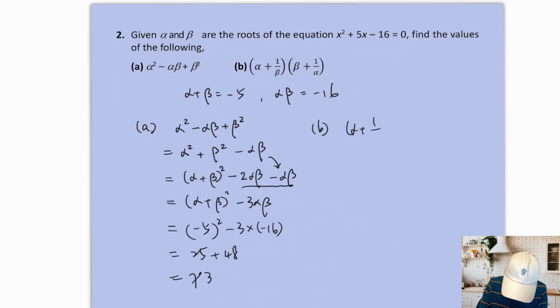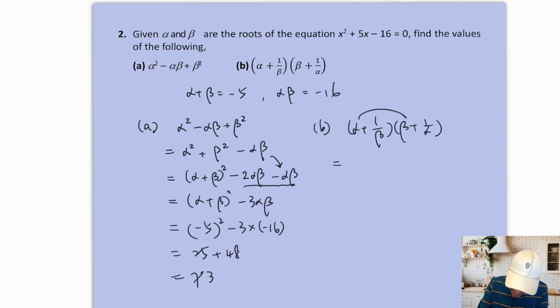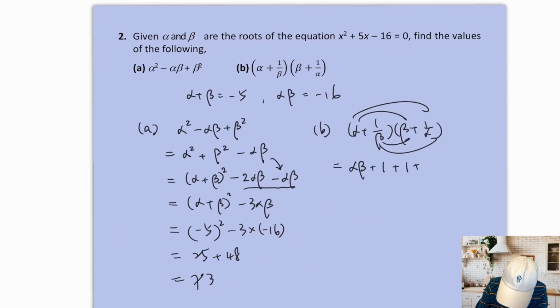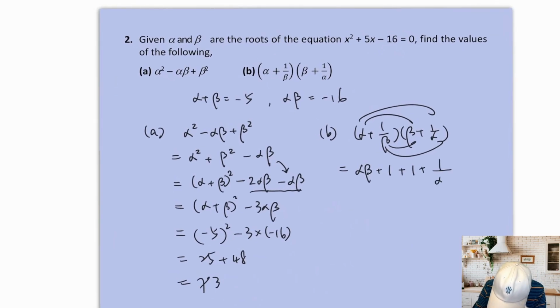Alpha plus 1 over beta, beta plus 1 over alpha. We expand the brackets to become 4 terms. Alpha beta, then alpha times 1 over alpha, the alpha cancel, so it becomes 1, plus 1, plus 1 over alpha beta.